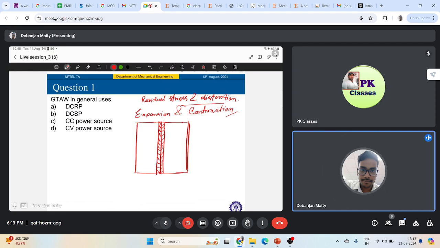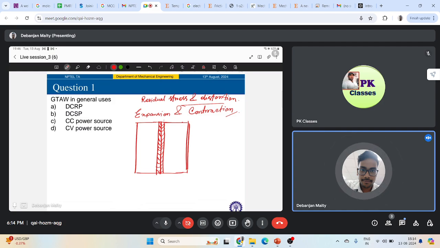Whenever it is heated, the material will expand and become larger in length, width, and thickness. As simple as that. And upon cooling, the material will contract and each of those dimensions will return to its original value.